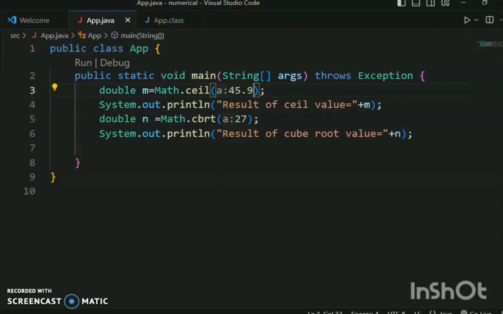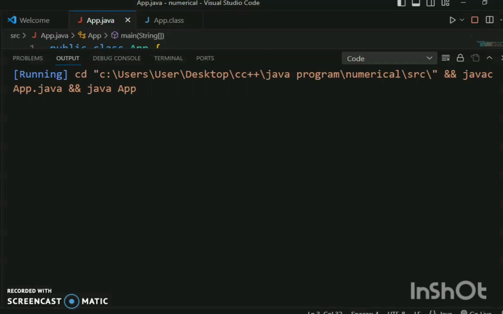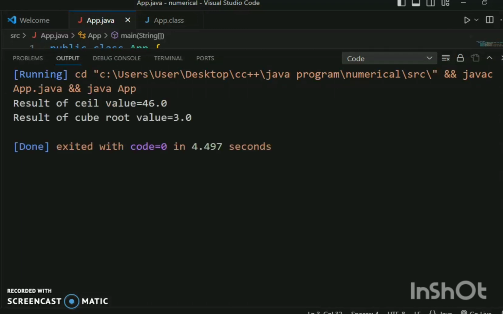And suppose 45.3. Let's see what my output is. Output is the same, 46. So this value is my greatest integer value.